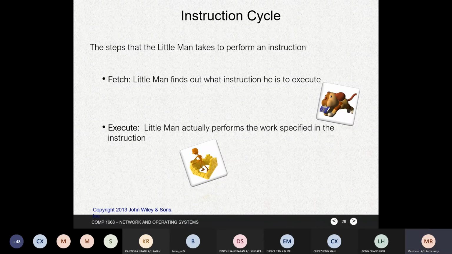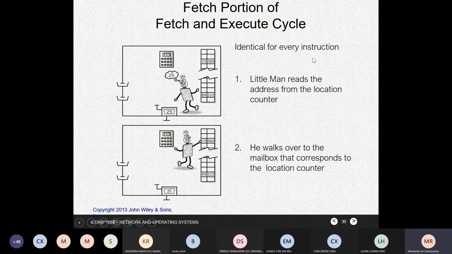Like what you did in your program earlier, add and subtract is what you call execute. Input and output is what you call fetch. I hope you understand the difference. Input, output is like fetch. Execute is something like you load, you add, you subtract.